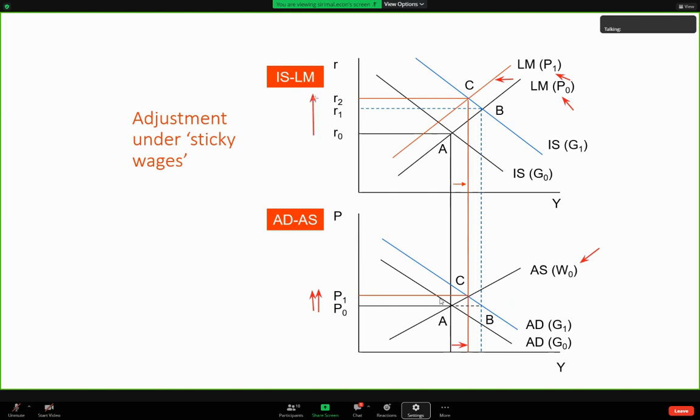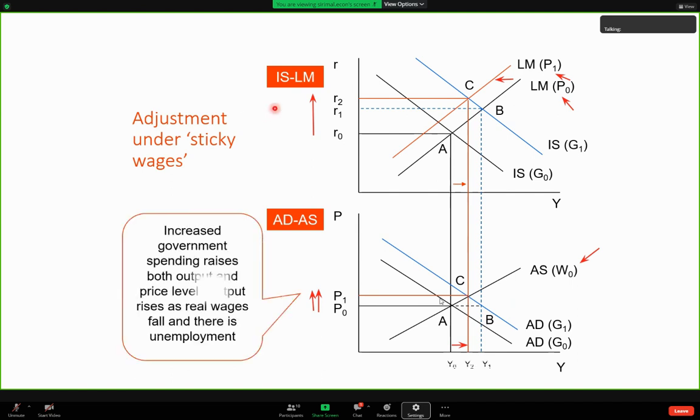Interest rate is going up, price level is going up. So, what is our conclusion? Increase in government spending under this assumption, sticky wages but flexible prices, raises both output and price level.